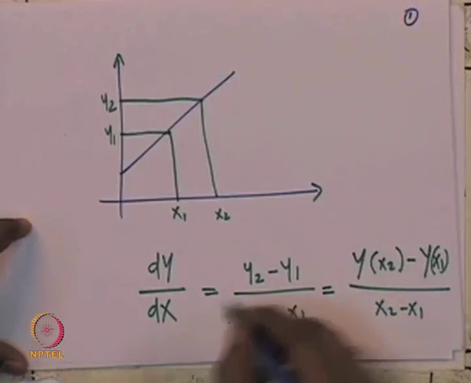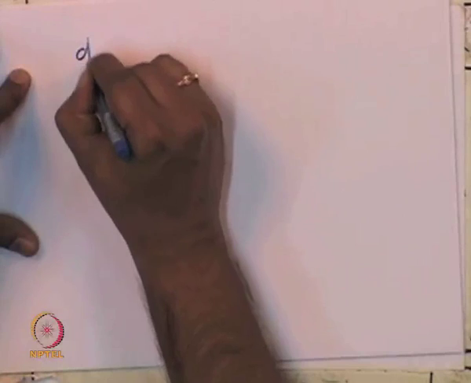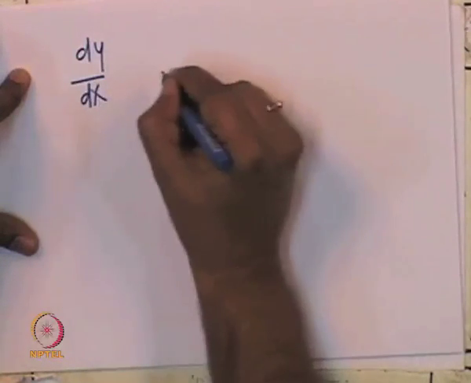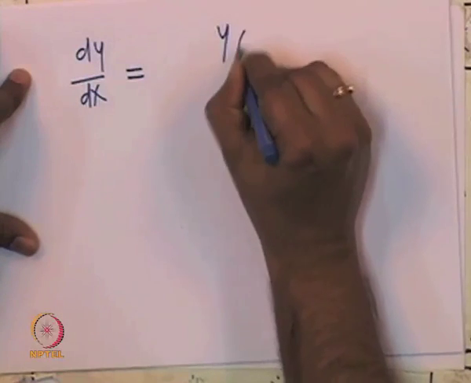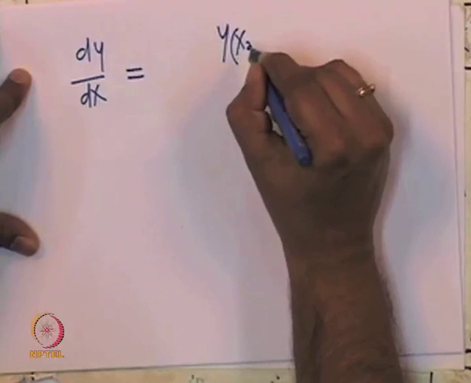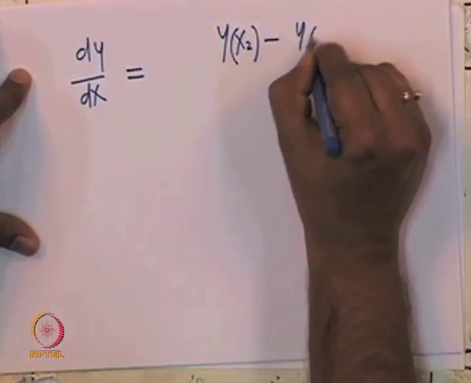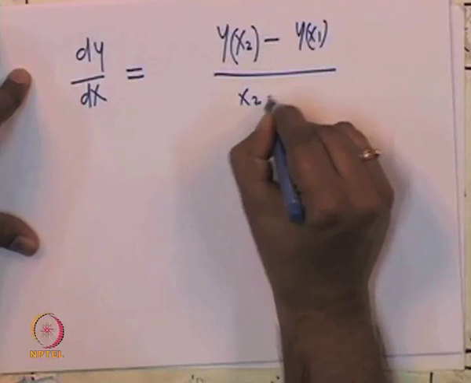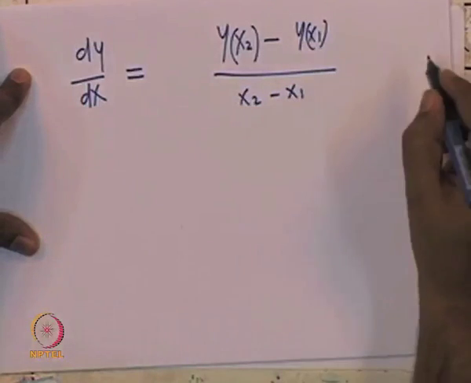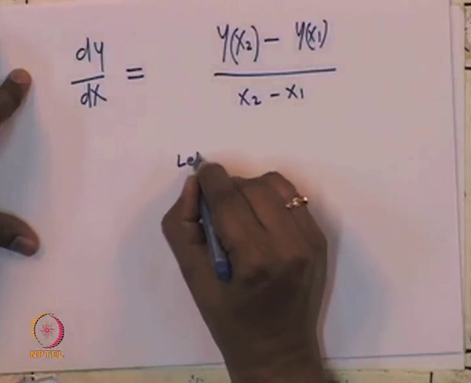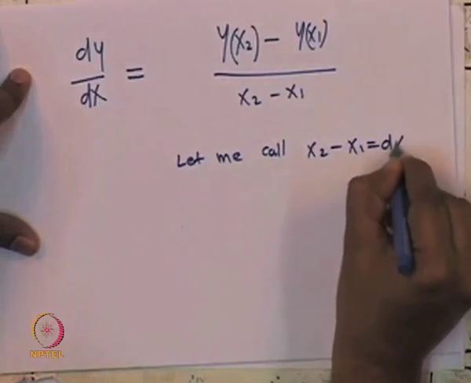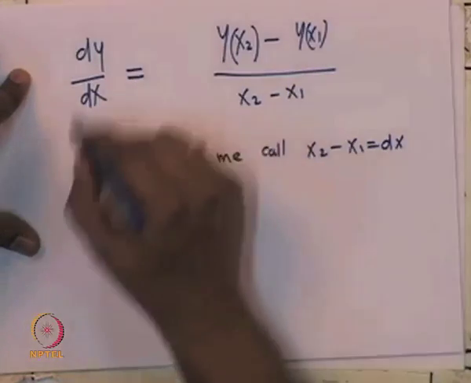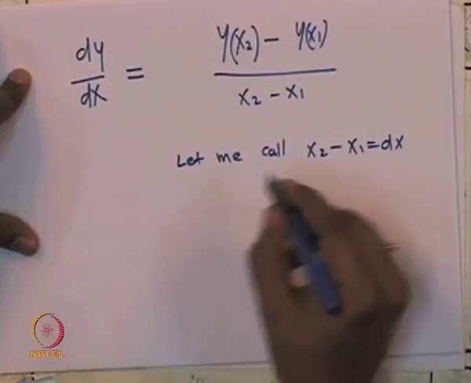Strictly speaking, let me write the definition here. dy by dx is equal to y of x2 minus y of x1 divided by x2 minus x1. Now, x2 minus x1, let me call it dx. This is the change in x. So, this is dy by dx.